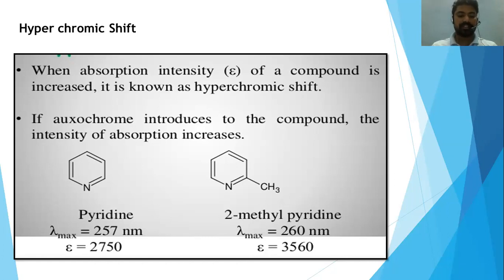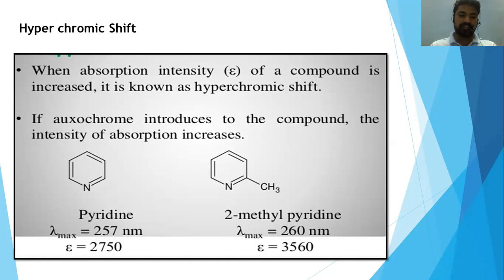So let us concentrate on the absorption intensity change of a molecule when it is converting from pyridine to 2-methyl pyridine. In the case of pyridine, the absorption intensity value will be 2750 liters per mole per second.